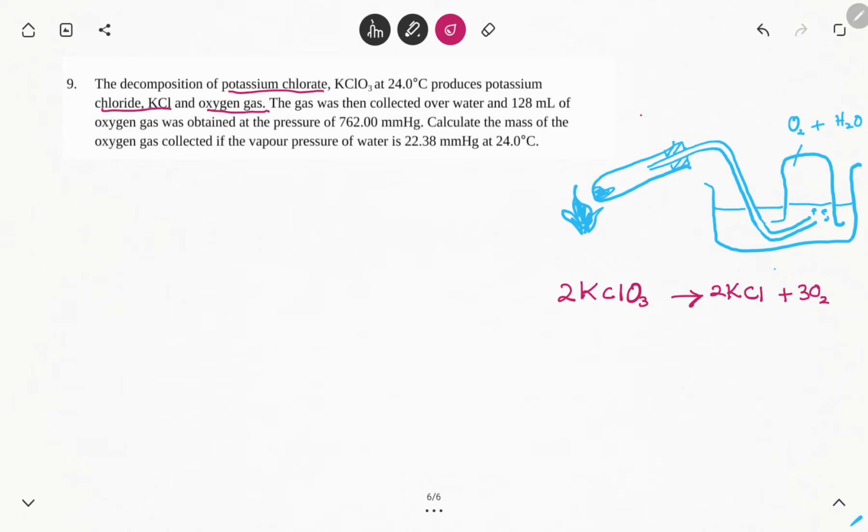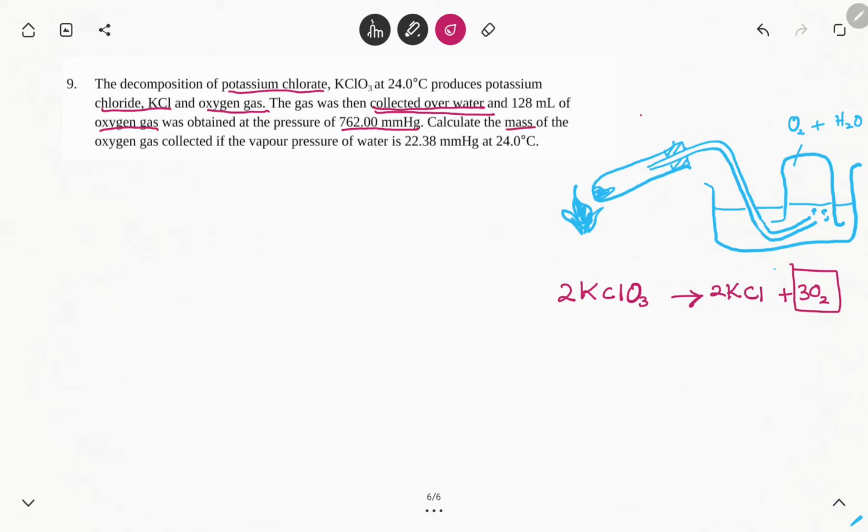Then the gas was collected over water. 128 milliliters of oxygen gas was obtained at a pressure of 762.00 mmHg. So the gas collected is oxygen gas, this is our product.